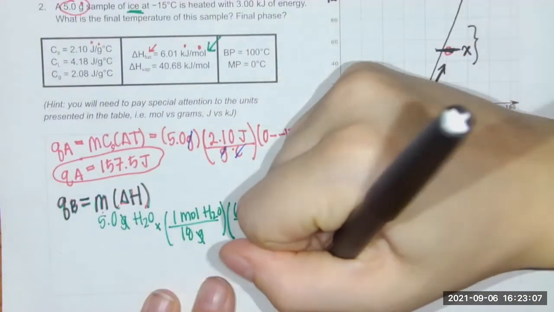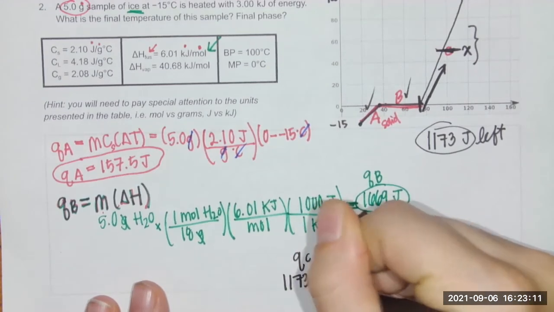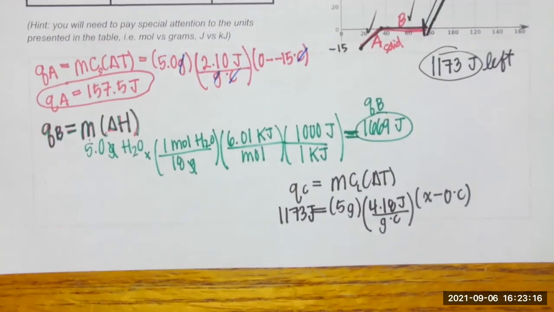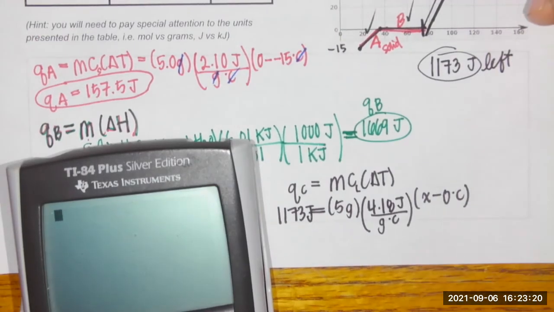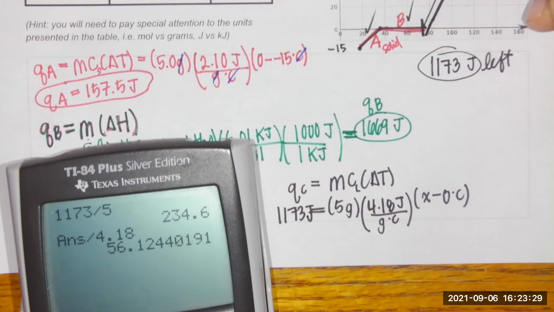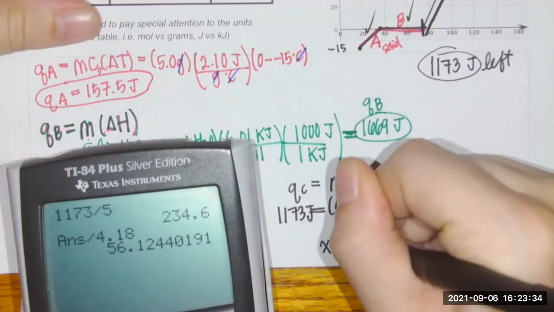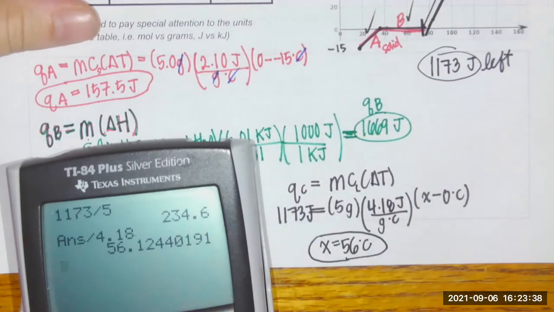And we know that we only have 1,173 joules of energy. So in this case, I'm solving for X to see how far I make it up. And it looks like X equals 56 degrees, almost where I had it.